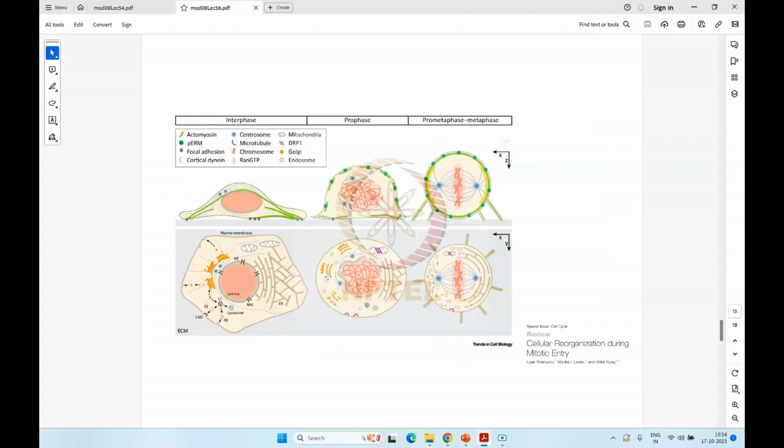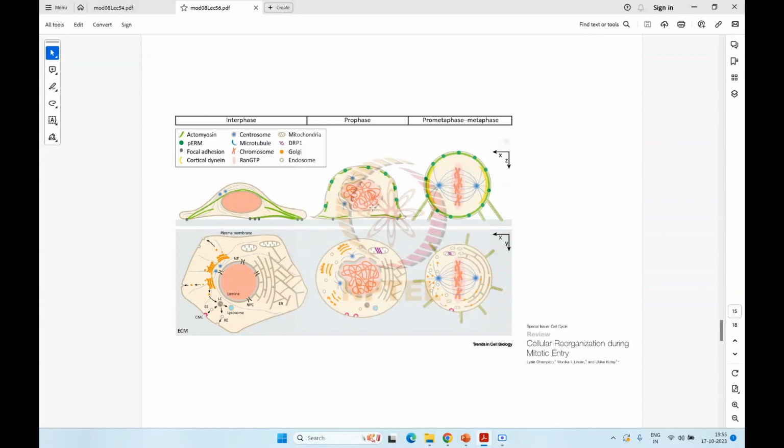One more thing is that if you have an adherent cell, when the cell is undergoing division, it loses all the contact points with the substrate, and it rounds itself up.